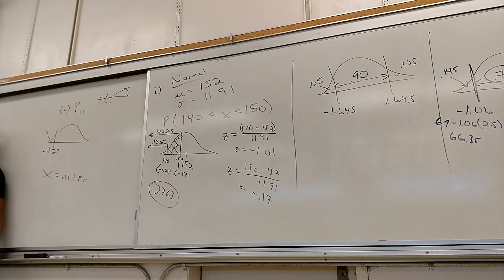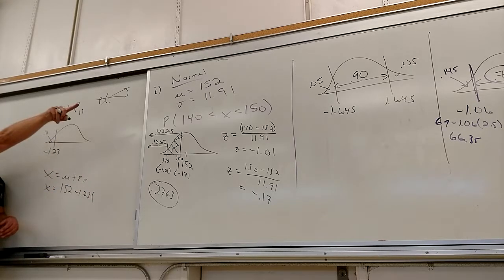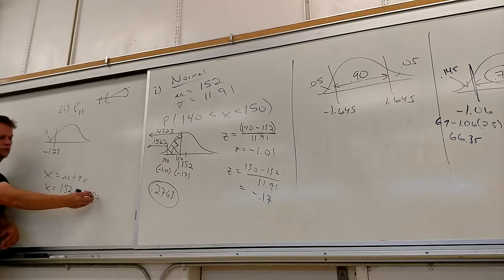So we're like 7 away. And now I want to change that into a raw score because I know the mean and the standard deviation. So I start at the mean, 152, and I go down, this is below the mean, 1.23 of those, 11.91.